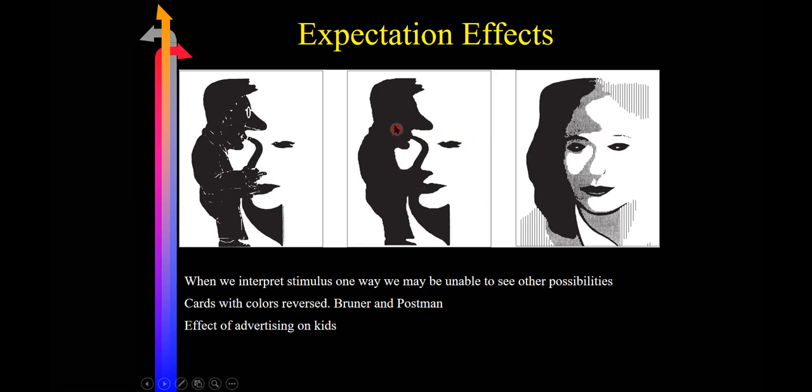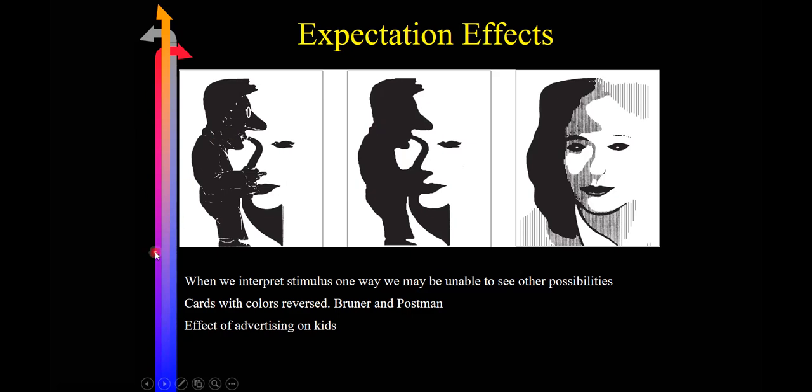Interestingly, they were often unable to identify the other interpretation once they had seen one of the distinct interpretations. If they had seen the man with the instrument first, they'd say man with an instrument, well, what else could it be? Often they were unable to pick out the image of the woman's face.